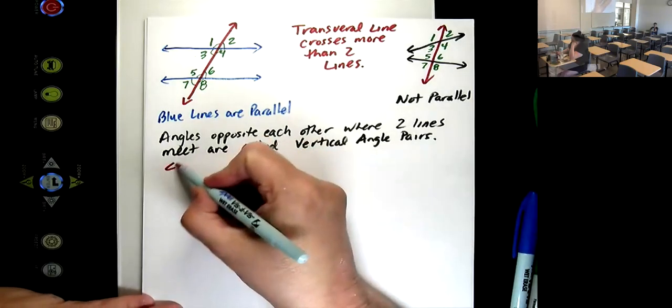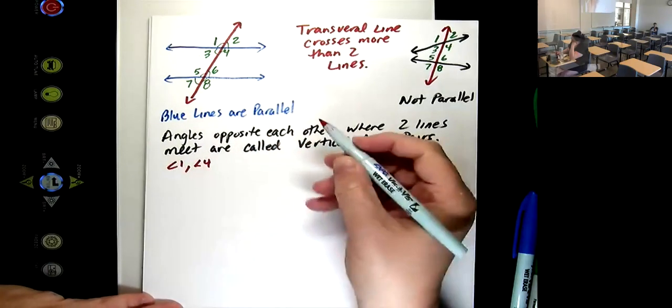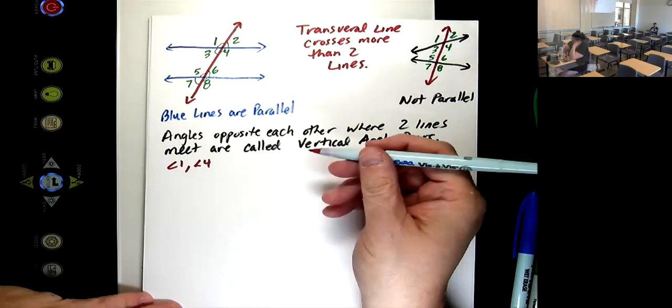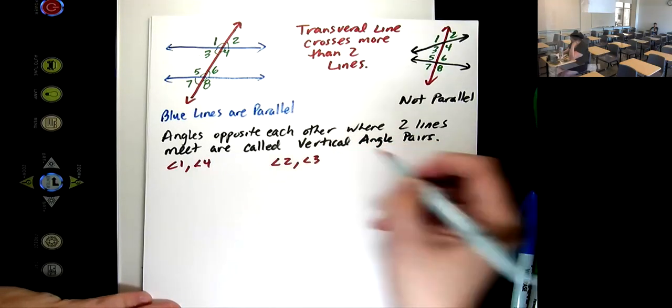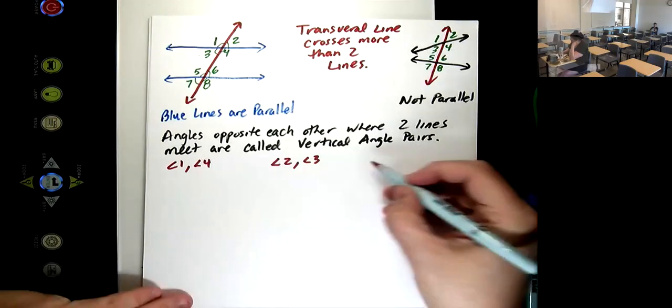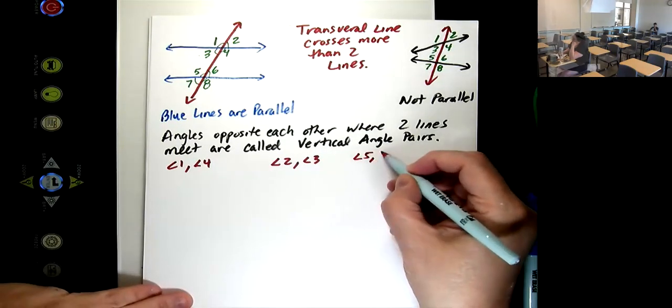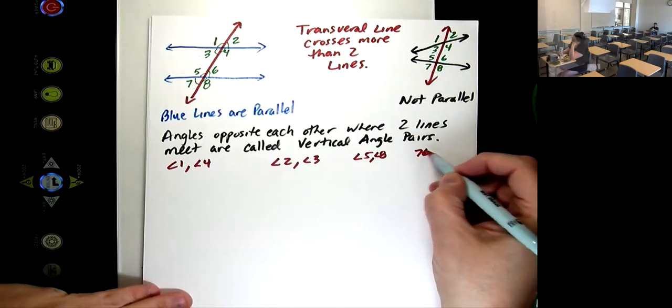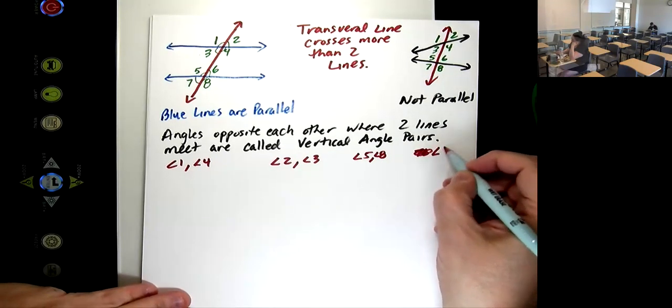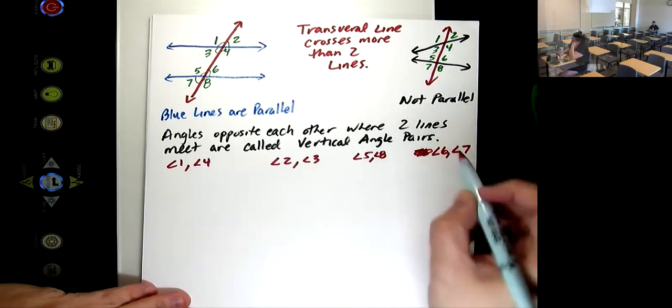So angle 1 and angle 4 meet that criteria. Angle 2 and angle 3 meet that criteria also. So does angle 5 and angle 8. And angle 6 and angle 7 also do that.